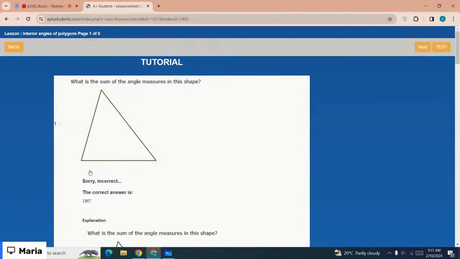That is a triangle, right? Three-sided shape it is. So the sum of angles in a triangle must be 180 degrees, right? The correct option is 180 degrees.